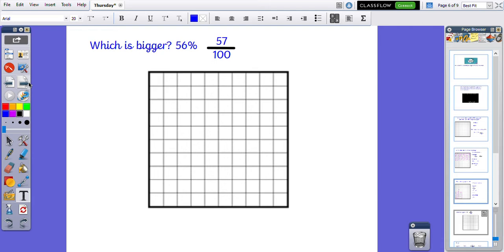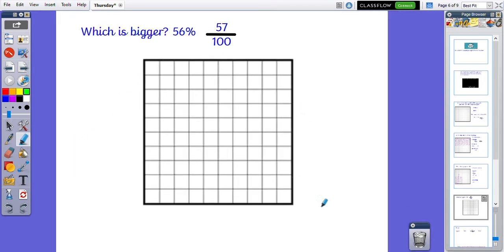So this is a style of question you will get today. Which is bigger, 56% or 57 out of 100? So what you are going to do is fill in your 100 square to help you. The first thing you're going to do is fill in 56% of this square.